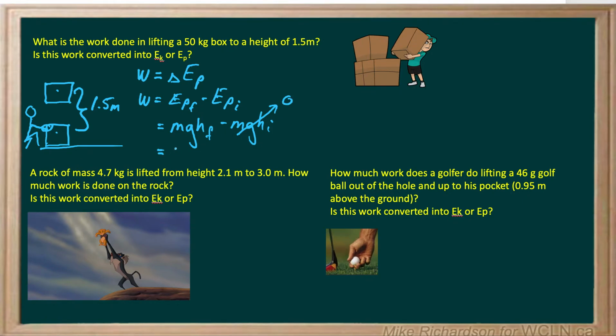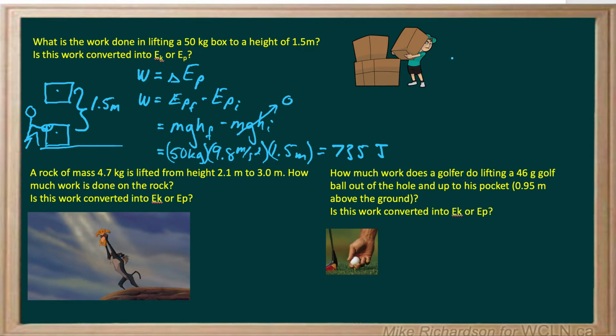So I simply go 50 kilograms times 9.8 meters per second squared times my final height, which is 1.5 meters. And when I crank all that out, I get 735 joules of work done. So the work I do provides 735 joules of potential energy to the box.